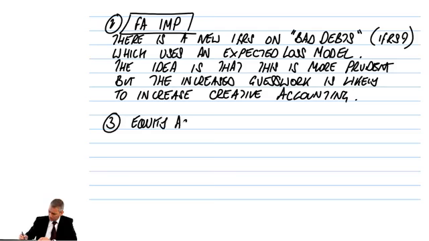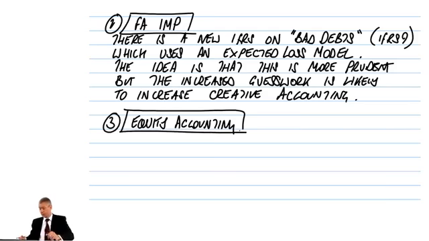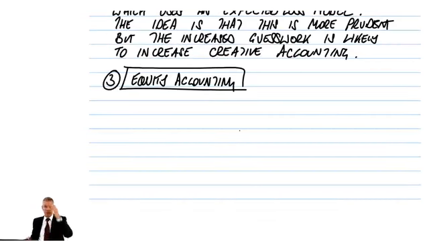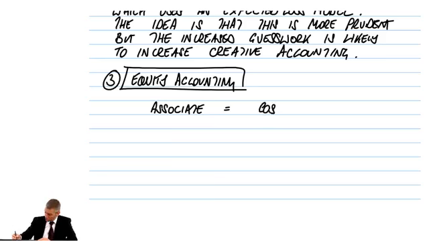Equity accounting. This is accounting for associates, and associates are carried using a formula, roll forward. An associate is measured at any point as being equal to the original acquisition cost plus the share of growth.